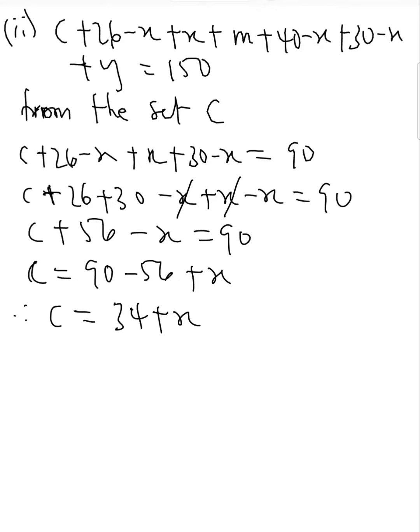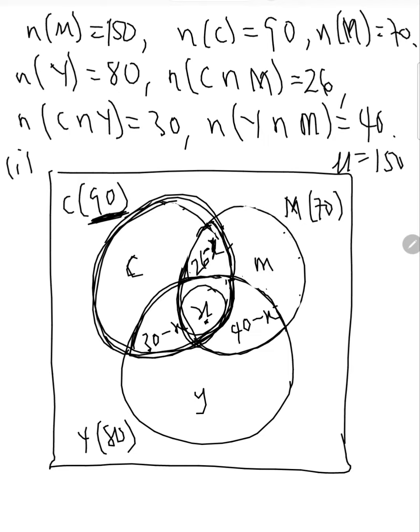In the same way, let's look at the value of m. So to get the value of m, we will look at the set m. The set m is also this circle, right? So we are to sum everything in the circle and equate it to the total number, which is 17.